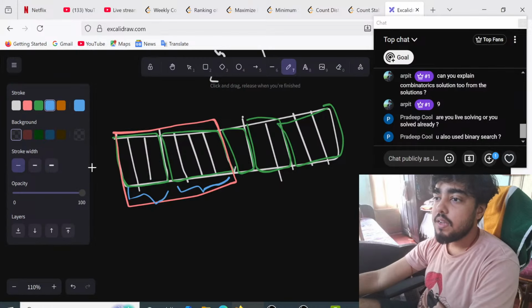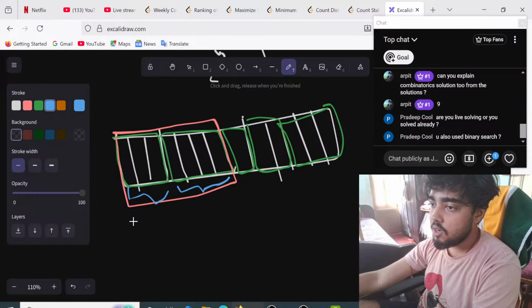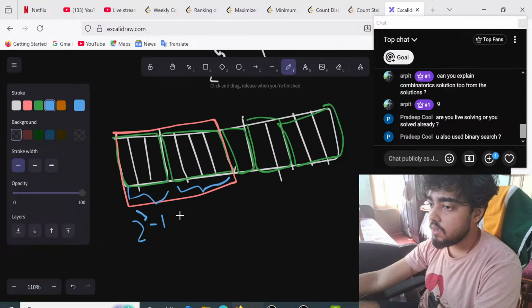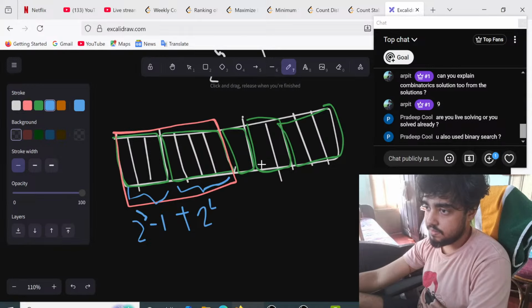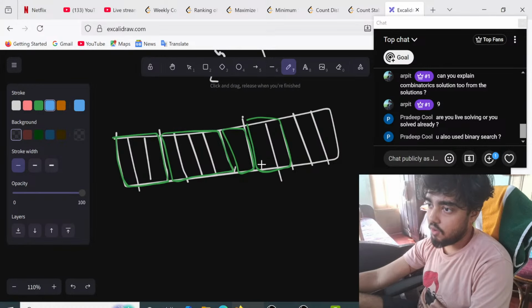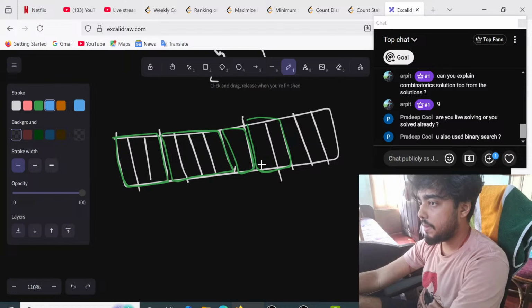That is nothing but 2 to the power 3 minus 1 plus 2 to the power 4 minus 1. That is the total number of stable subarrays within that limit. Now this is one condition, this is one case. What are the other cases that can happen?